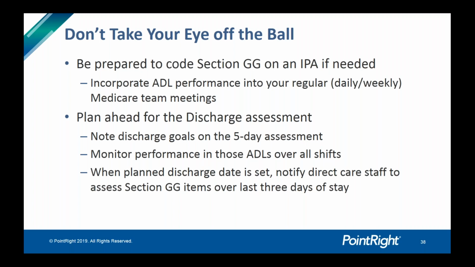And then when you set the date for that planned discharge, make sure that the direct care staff are aware that, hey, Mary Smith is going to be discharged home on Thursday. Make sure that Tuesday, Wednesday, and Thursday you are assessing those Section GG items so you can get the appropriate usual performance for the end of the stay.